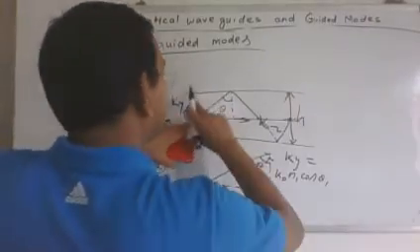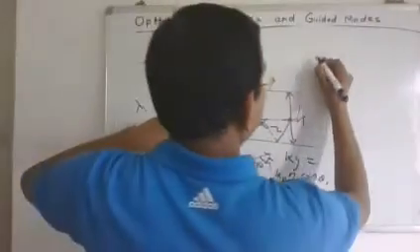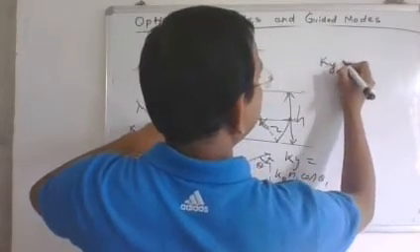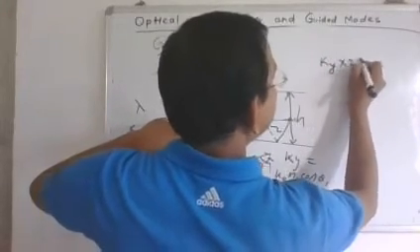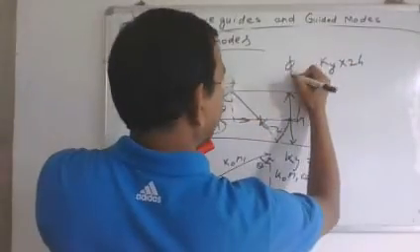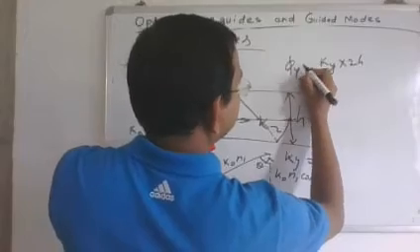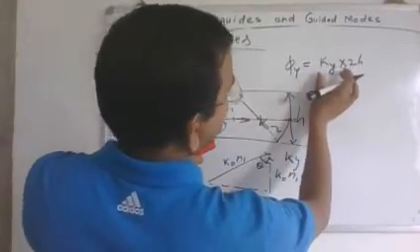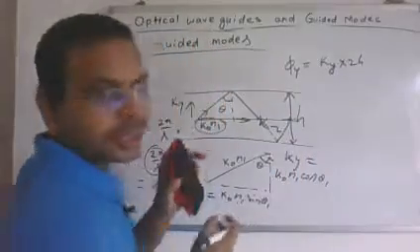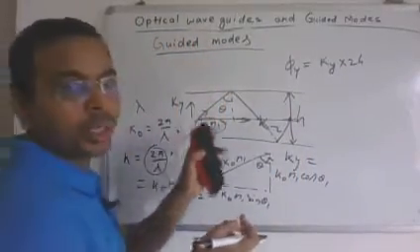So what is the phase accumulated in this direction, the y direction? In y direction, the propagation constant is ky. If we multiply ky into 2h, because the propagation phase in y direction is nothing but the propagation constant in y direction multiplied with the total distance, this is the phase accumulated in y direction in one round trip.